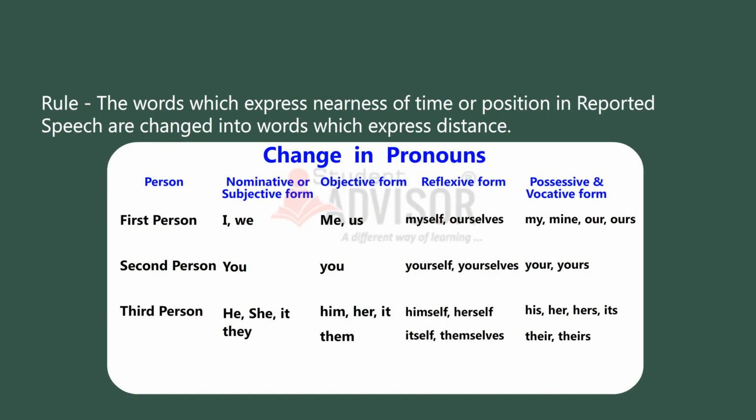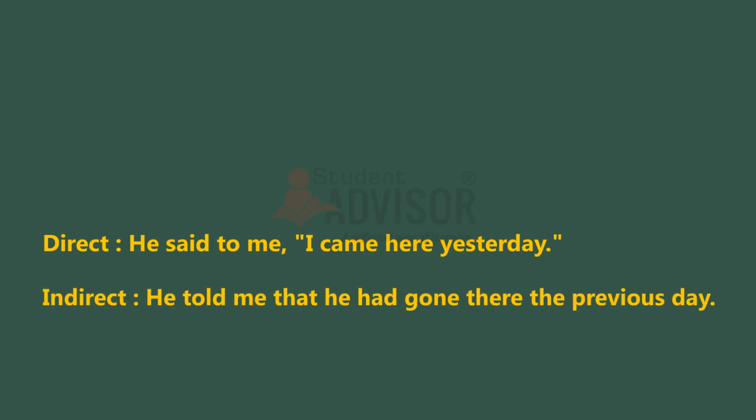Before looking at an example, have a look at this table that shows how words of time and position in direct speech are changed into indirect speech. Now we will look at an example. Like, direct. He said to me, I came here yesterday. Indirect. He told me that he had gone there the previous day.